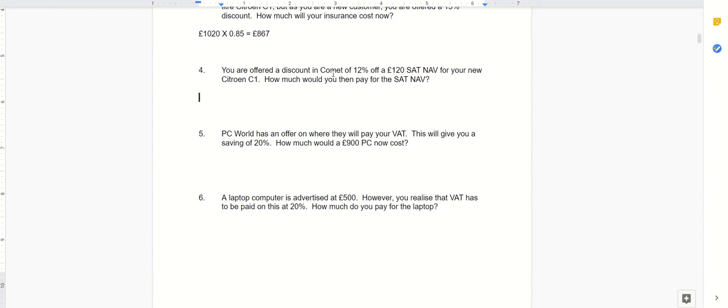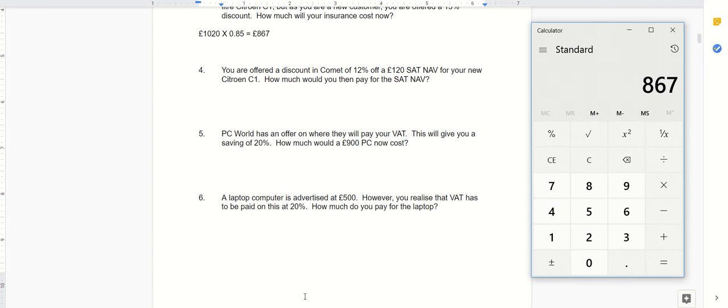So you're being offered a discount in Citroen of 12% off a £120 sat nav for your new Citroen C1. How much would you then pay? So taking 12% off the cost of £120. Again, what we're doing here is 120 multiplied by, we want 88% of its original price, because 100 minus 12 is 88.